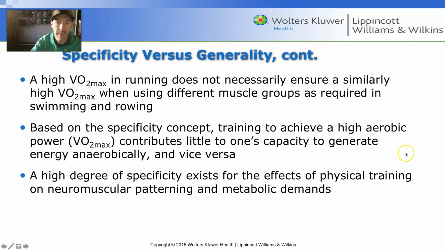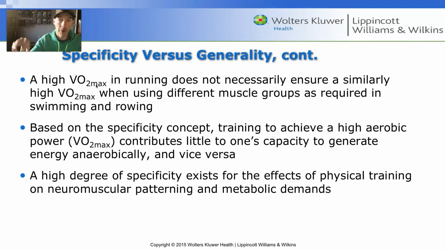And this shows exactly what I was talking about, right? Just because you have a high VO2 max with a specific sport, say with running, does not necessarily mean you're going to get a high VO2 max in a swimming test or a rowing test. Again, the concept of specificity states that the adaptations that we see in response to exercise are very specific, right?